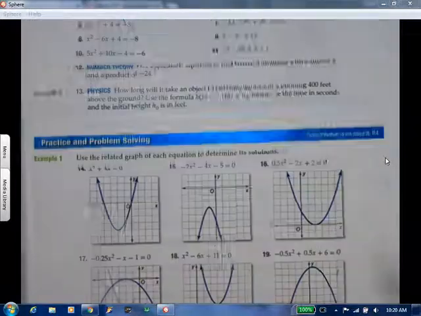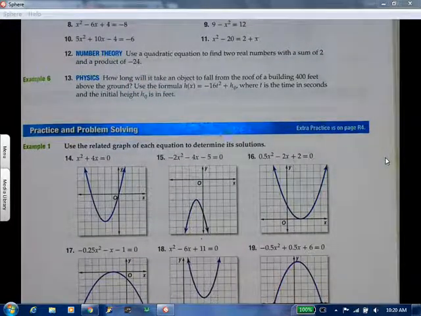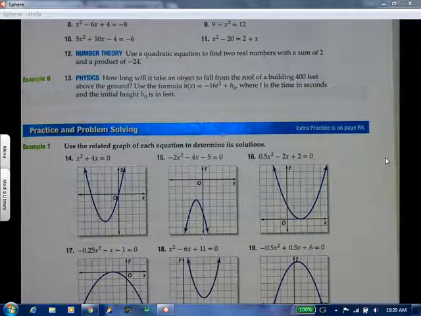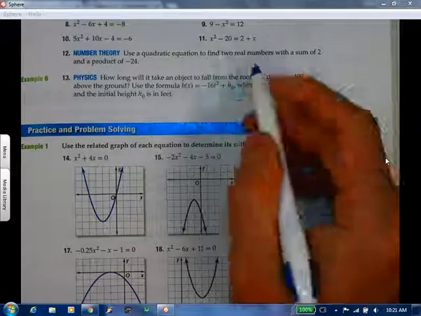this question right here, I'm going to make this really easy for you. Use a quadratic equation to find 2 real numbers with a sum of 2 and a product of negative 24. And you got some wide eyes already. Okay, so if you have 2 real numbers that add to something.